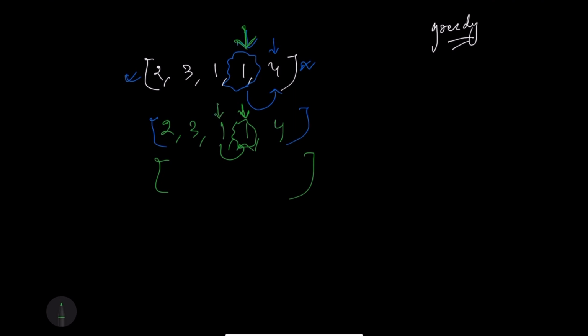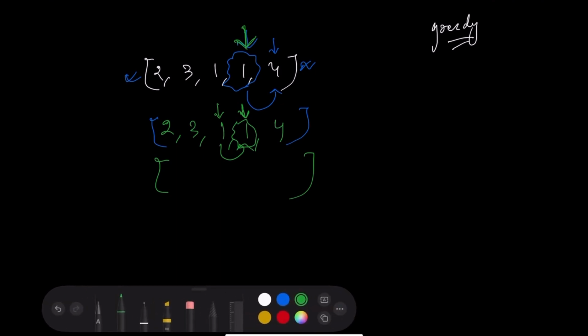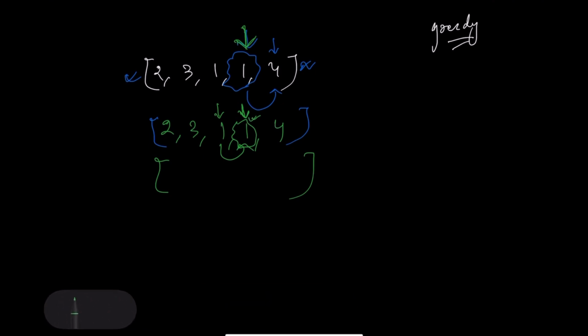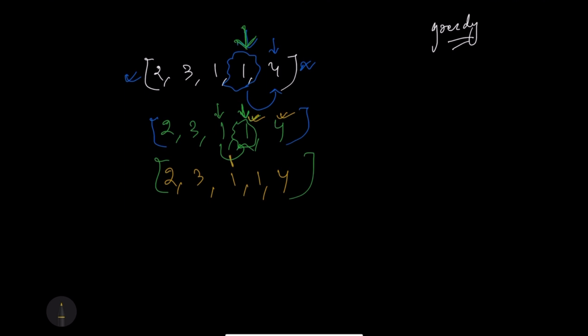So now my new goal would be to reach this one. And if I am able to reach this one, then of course I'll be able to reach this 4. So now my goal would just shift here.